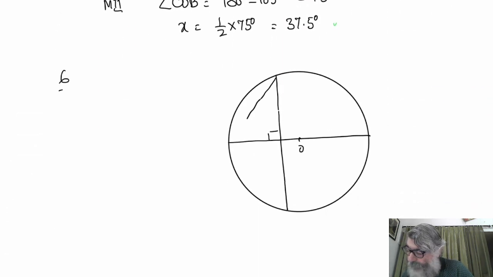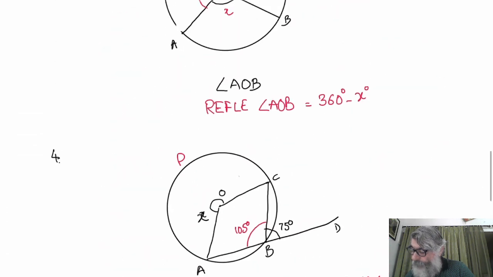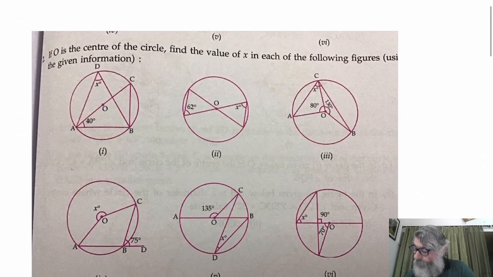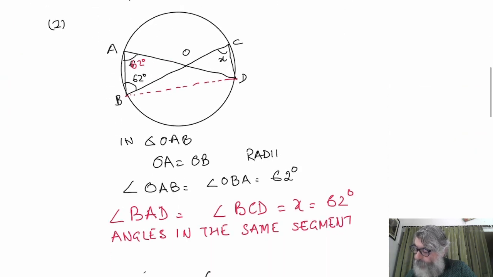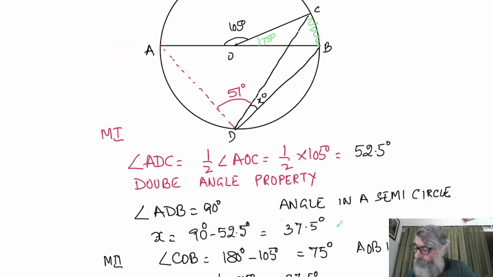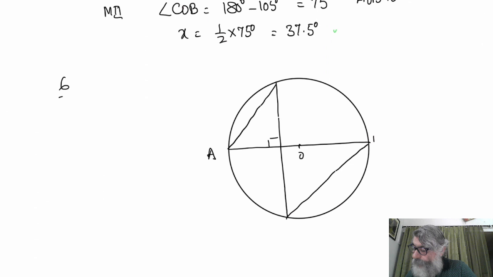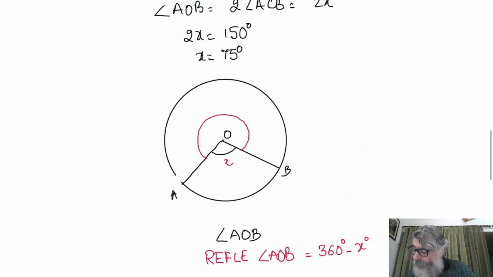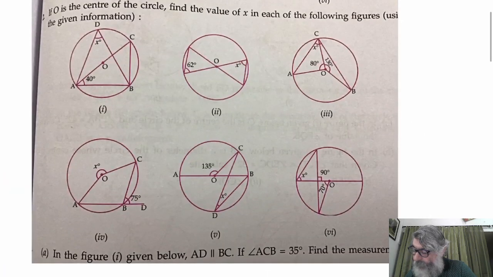Let's name these A, B, C, D, E. And what angles has he given? He's given 70, 90 and X. He wants X.